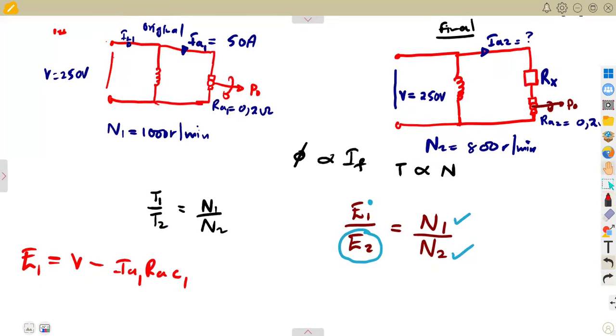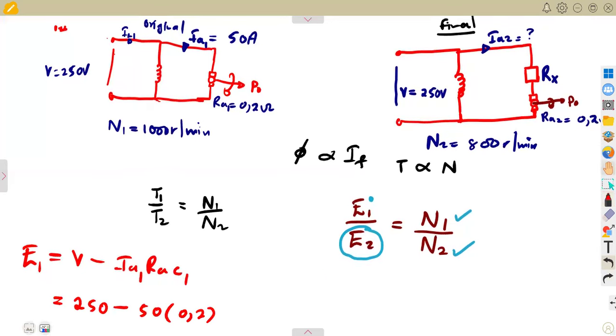So in this case, I think everything is perfect. Let us just substitute everything that we have. The voltage at the supply, which is 250, minus the armature current of 50 amps, times the resistance of the armature, which is 0.2. So this is what you're going to have.